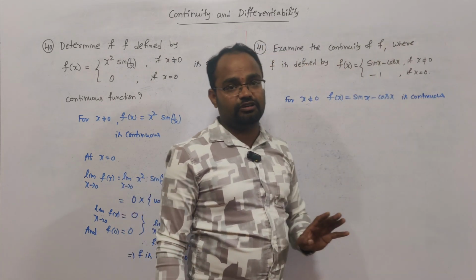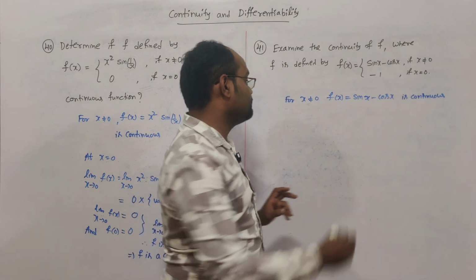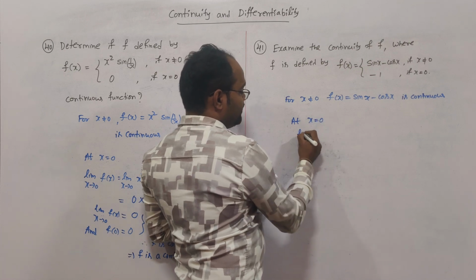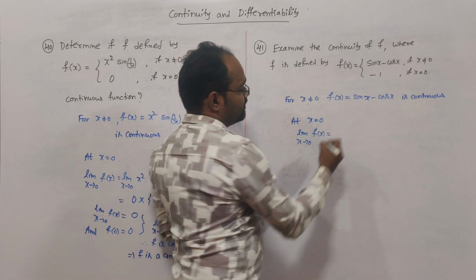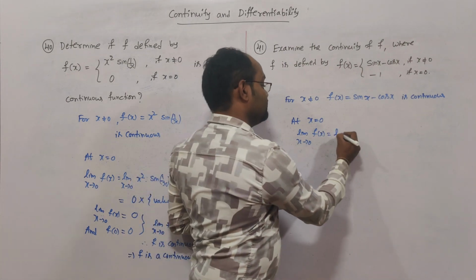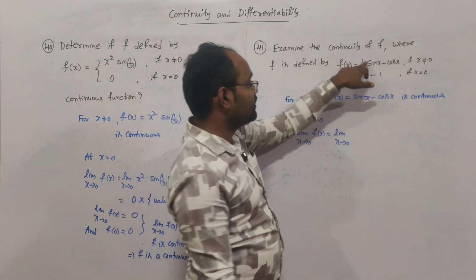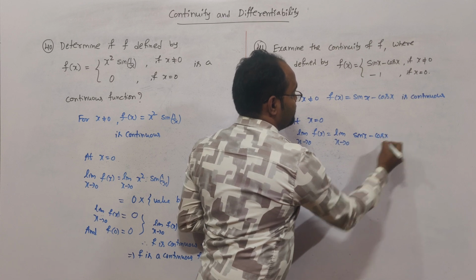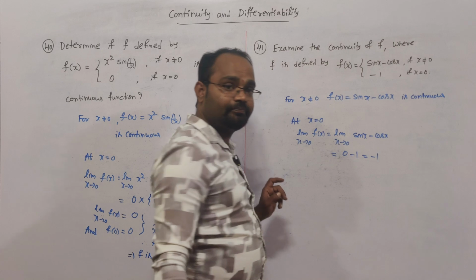There is no need to check for x not equal to 0, but x equal to 0 is the point of separation, therefore at x equal to 0 you should check what the limiting value is. Limit as x tends to 0 of f of x, that is the function for x not equal to 0, sin x minus cos x, which is sin 0 is 0 minus 1, which is minus 1.